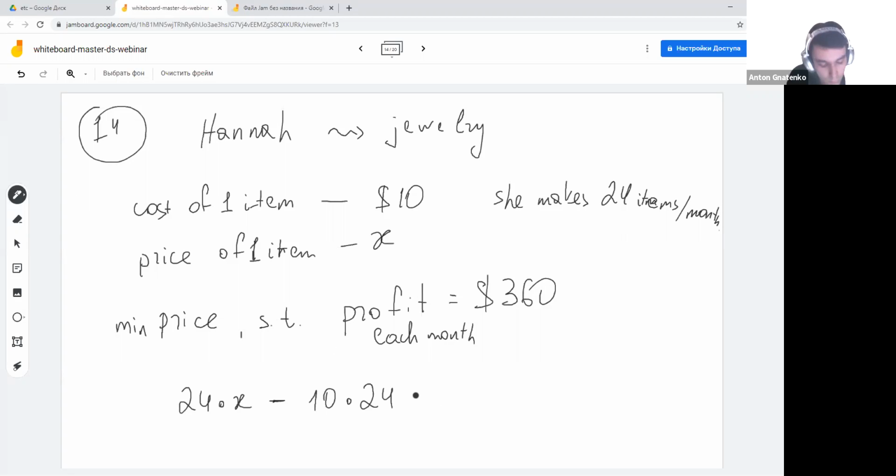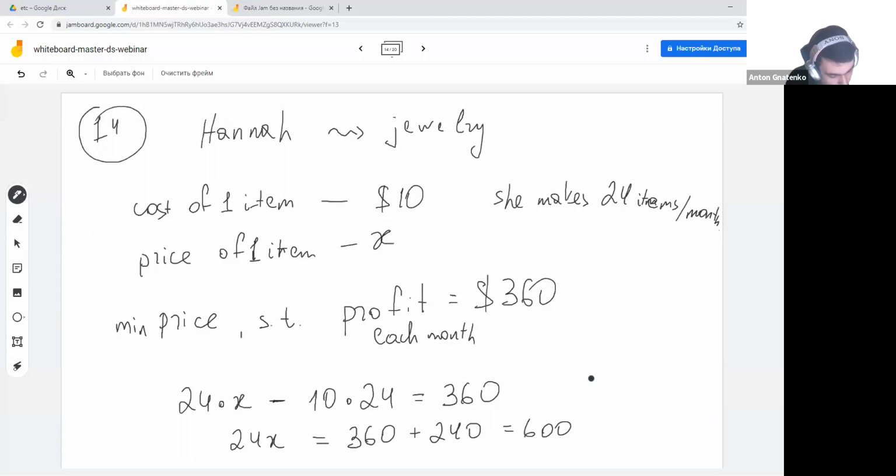And we want this to be equal to 360. Well, then 24x must be equal to 360 plus 240, which is 600, which gives us x equals 25, if I'm right.